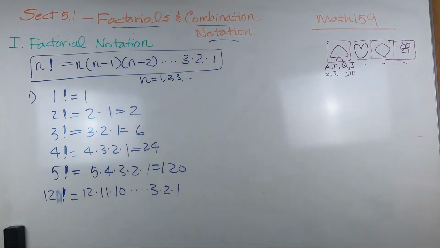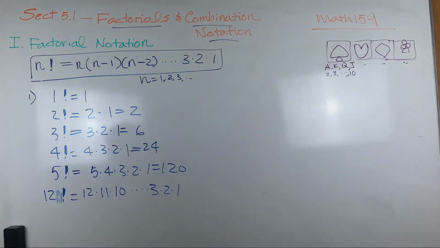It will take you forever and you might make a mistake. So what we would do is use a calculator or go to an online site. You do a Google search, then you say factorial.